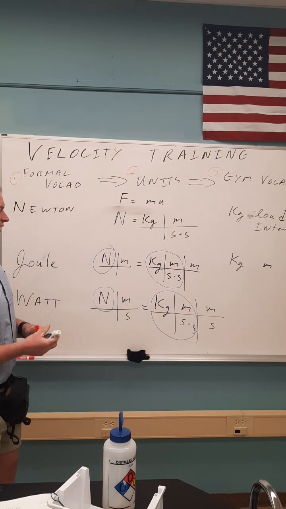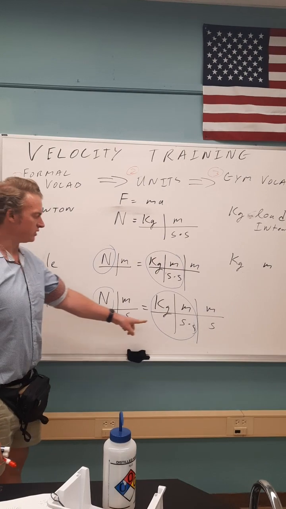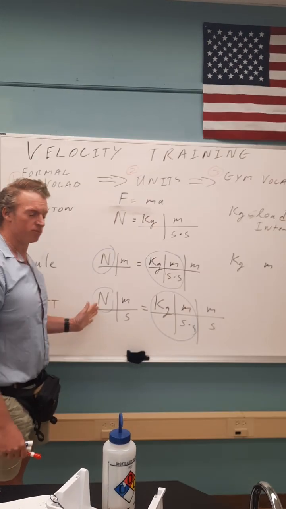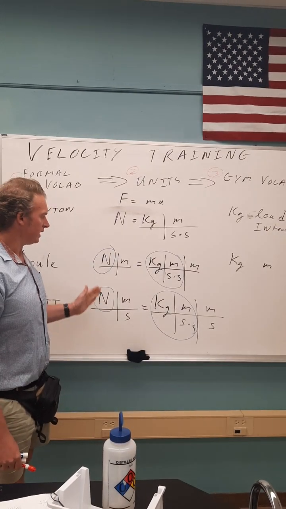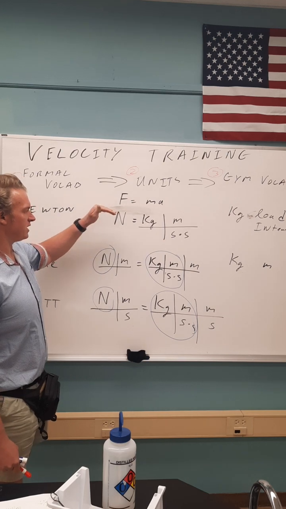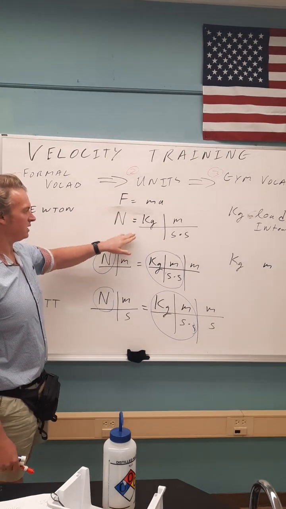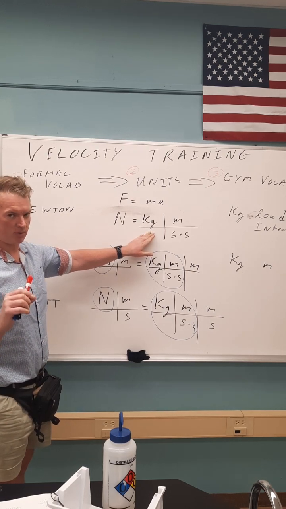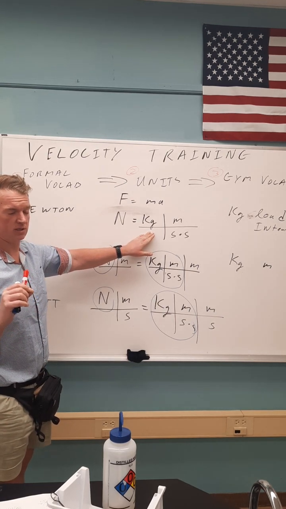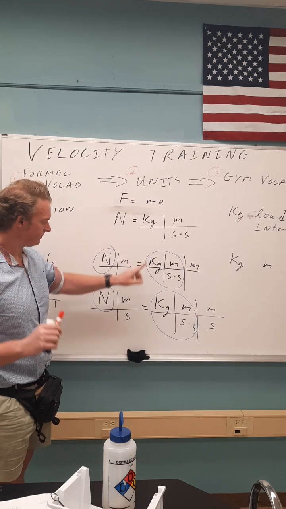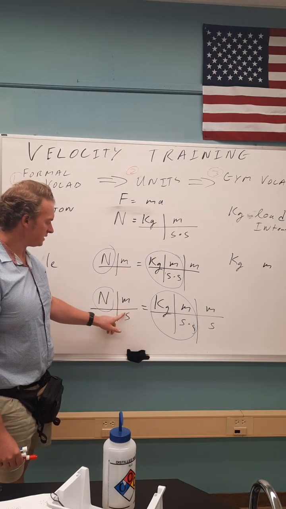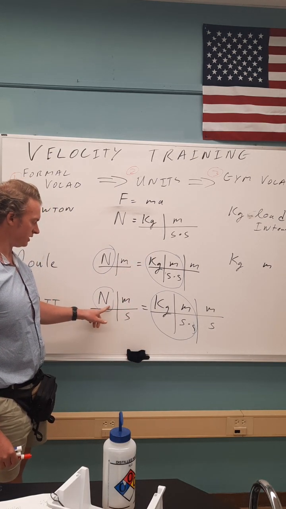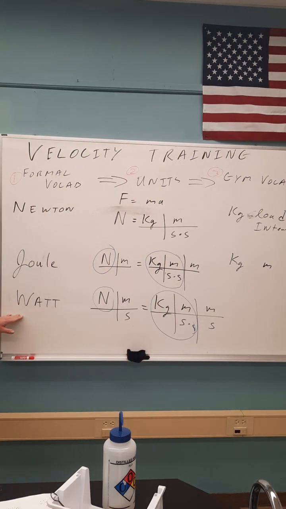What is circled in blue is meant to be identical on both sides of the equation, and also meant to guide your eyes that Newton, F equals ma, the load on the bar, is a parameter in this idea of looking at velocity training. The velocity times the newtons is specifically watts.